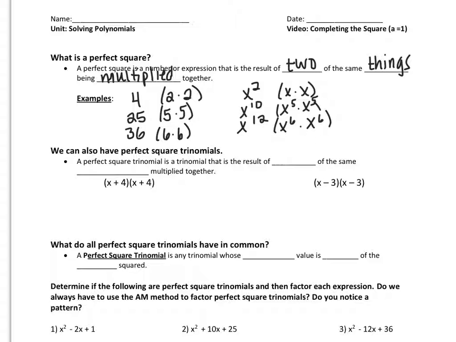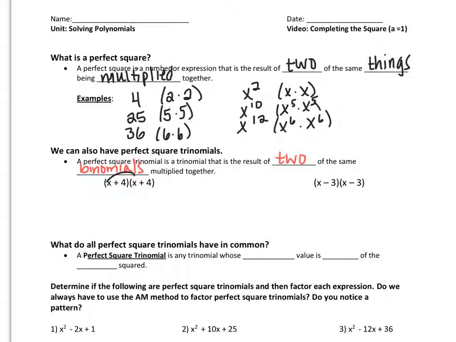But we can actually have perfect square trinomials. A perfect square trinomial is a trinomial that is the result of two of the same binomials being multiplied together. So remember, a binomial has two terms, and these two terms I am going to multiply together.